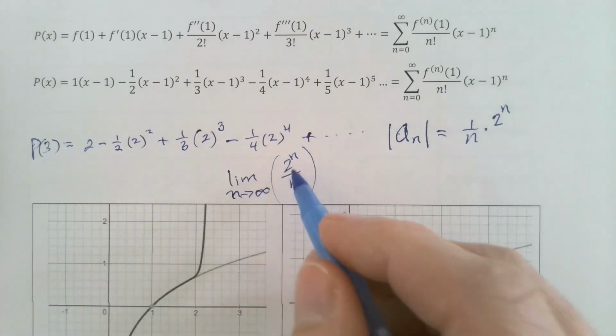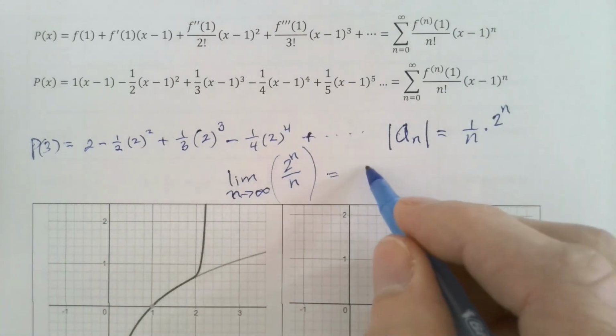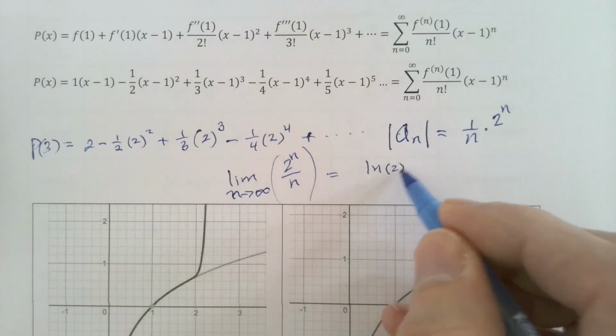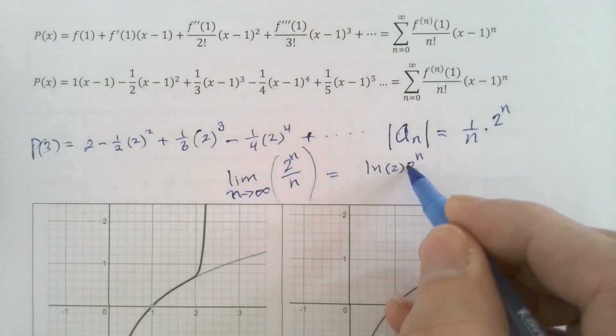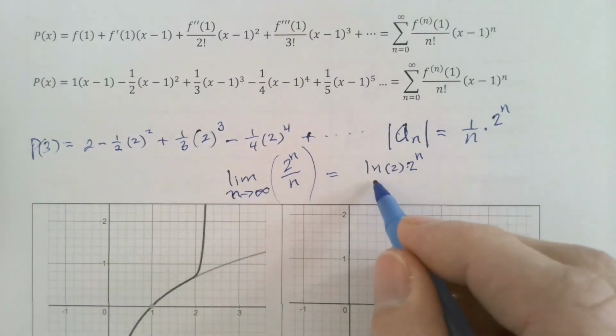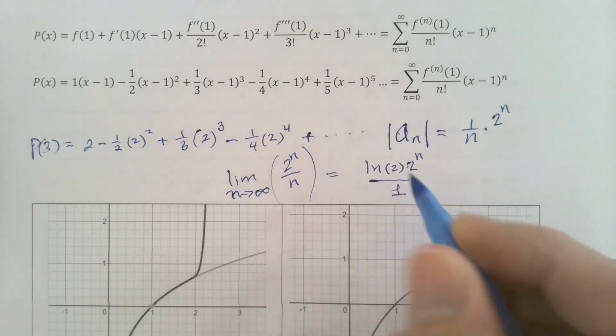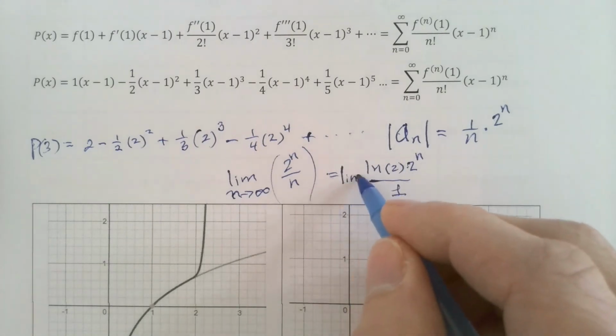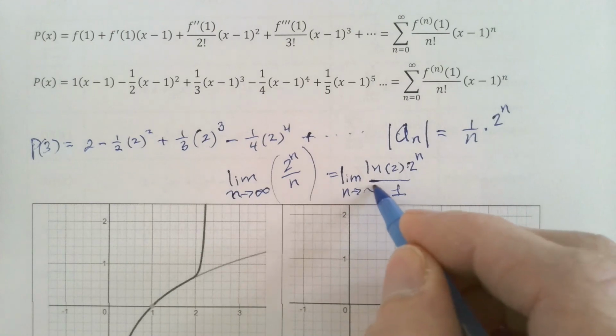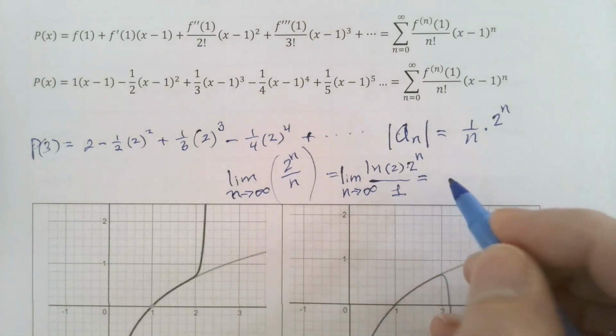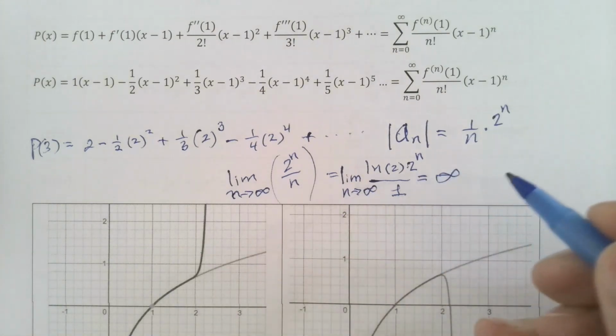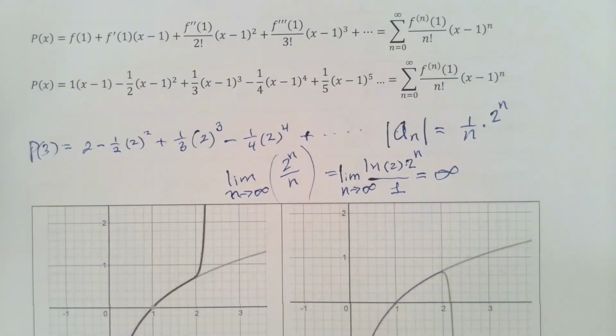Take the derivative on top, which is natural log 2 times 2 to the n, and then take the derivative on the bottom, which is 1, and then apply the limit as n goes to infinity to that, and pretty clearly that term is infinite. And it certainly isn't 0.